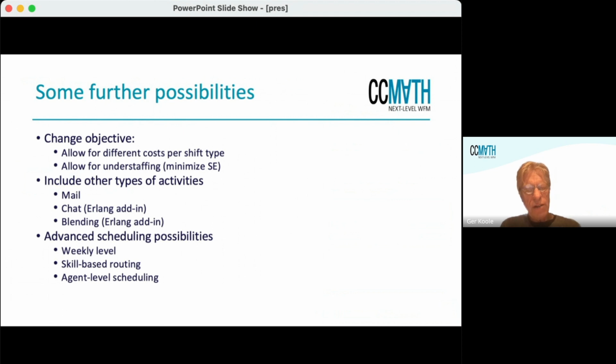You can also think of agent level scheduling. In many call centers, if you do scheduling at the agent level, agents have personal preferences, they have their own meetings planned, and so on. If it's still somewhat simple in a small call center, perhaps you can do it in Excel.